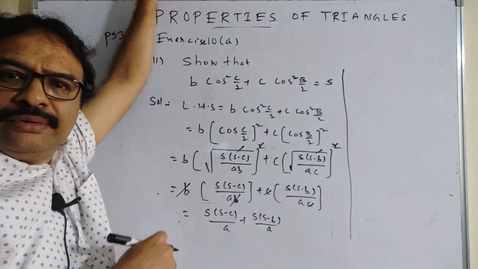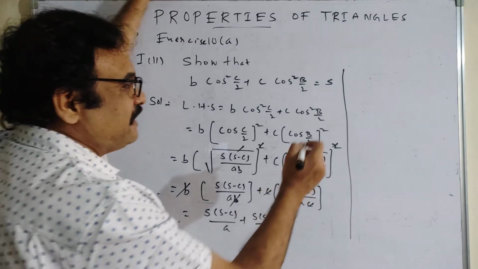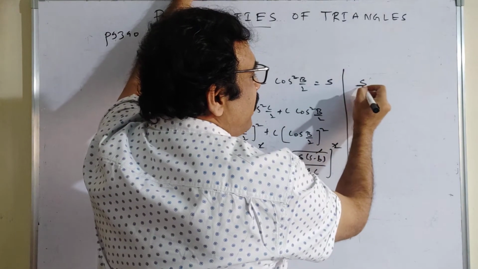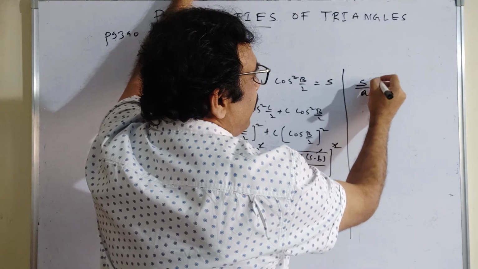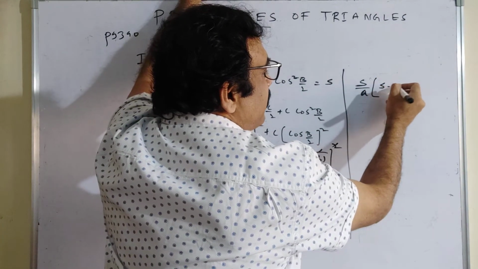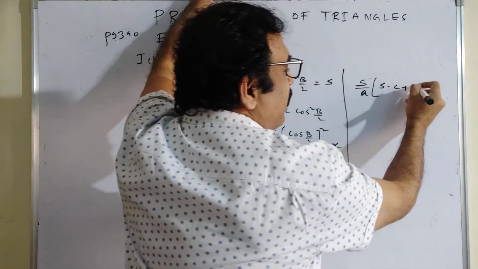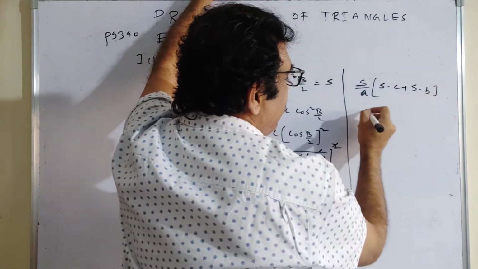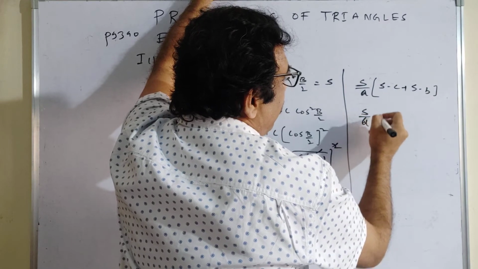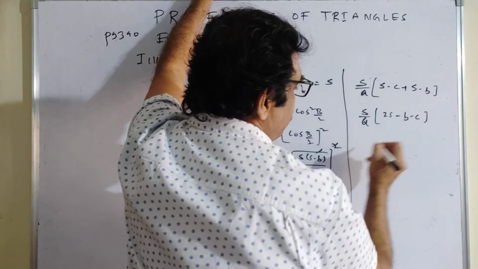I am getting the common term between these two is s by a. Upon taking out common s by a, I am writing s minus c plus s minus b. What is left over? That is s by a into 2s minus b minus c.